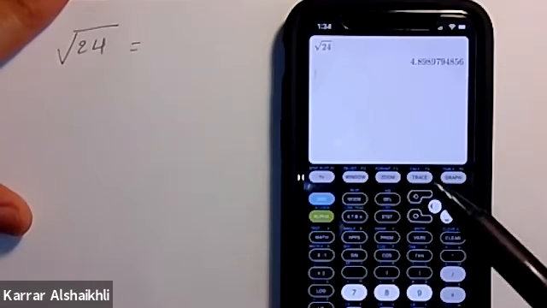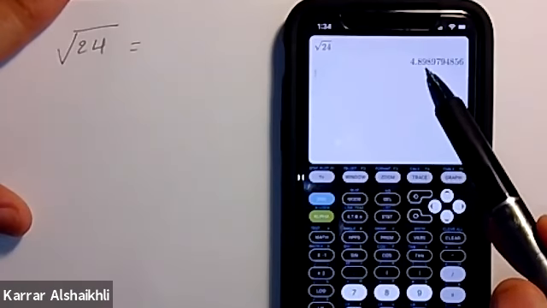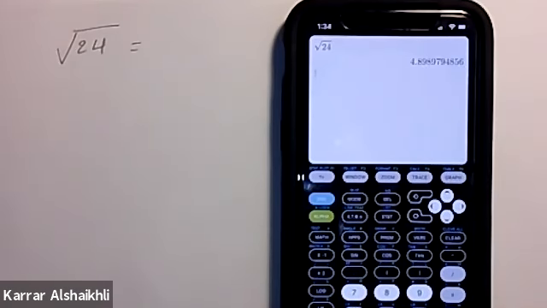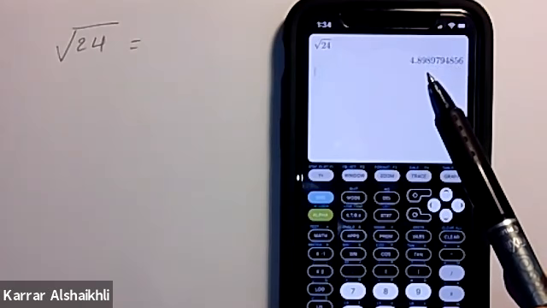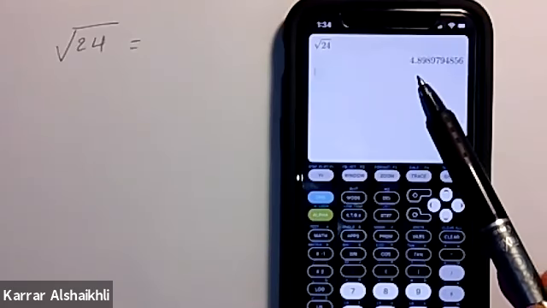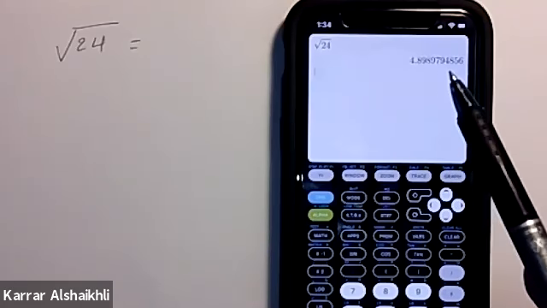If you press enter, it's going to be 4 point, and there's a long number. This number doesn't mean it is wrong. It's right. But when you're doing the homework on MyLab Math, they're going to ask you to plug in your answer in radical form. This is not radical form. Radical form is exactly with the root. So how are we going to write this in radical form?